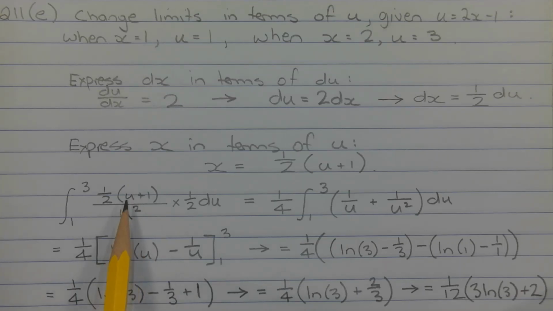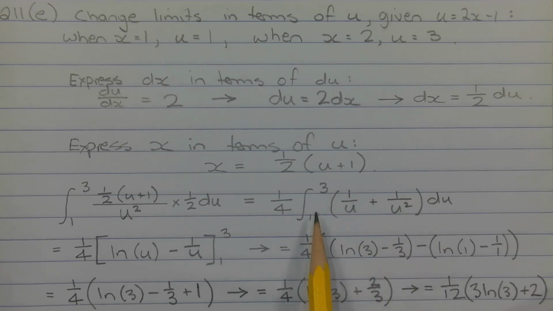Then we have (u plus 1) over u squared, which can be written as 1 over u plus 1 over u squared. So the integral becomes 1 over 4 times the integral from u equals 1 to u equals 3 of 1 over u plus 1 over u squared du.